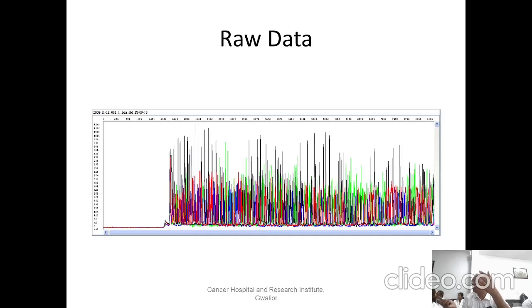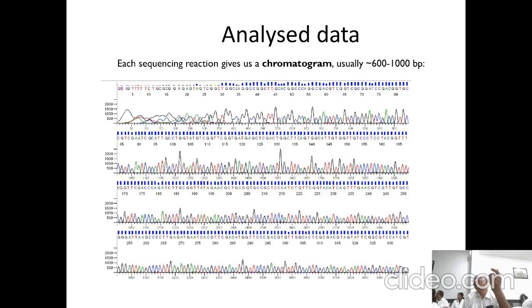This is so clumped. So what they did, the program or the software does the job for us and it will do like this. Separate it. Here you can see GCTG, GCTG, it's like that. Now, with that data, you take out this data and paste it on a blasting platform.